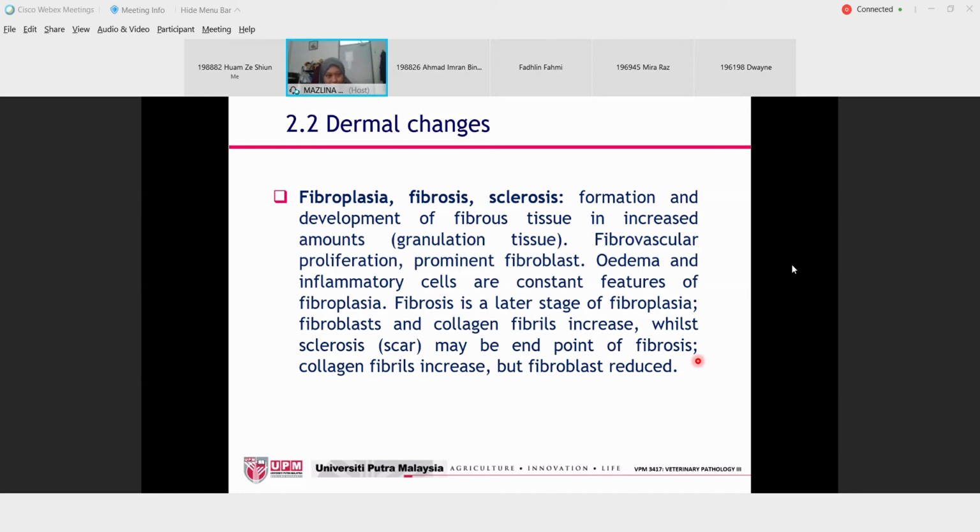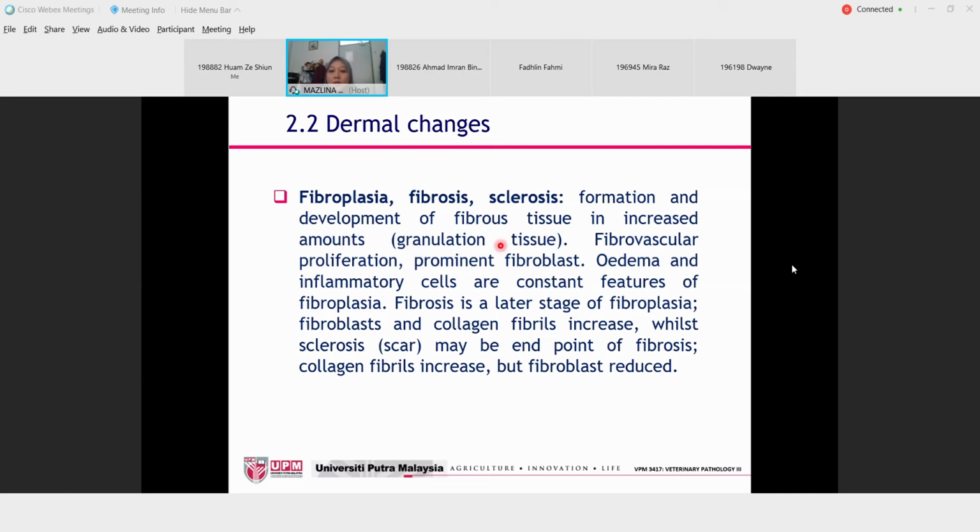This is basically scar formation, okay. This is very common in horses, for example. What is fibroplasia? Fibroplasia is the formation and development of fibrous tissue in increased amount, forming granulation tissue.